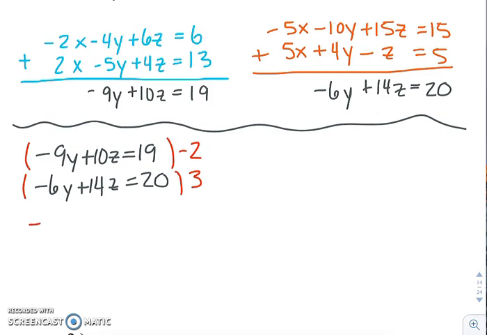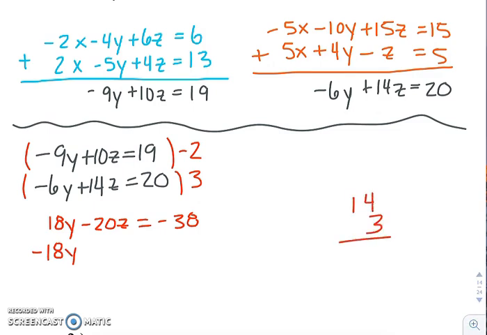So we get 18y minus 20z equals negative 38, and negative 18y. 14 times 3, can't do mental math right now, 42.